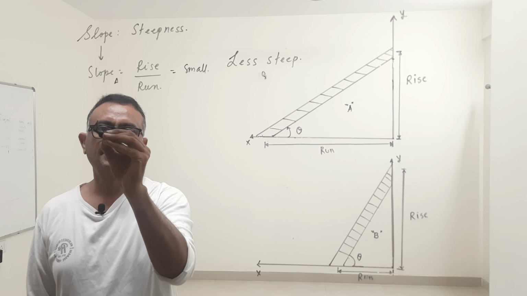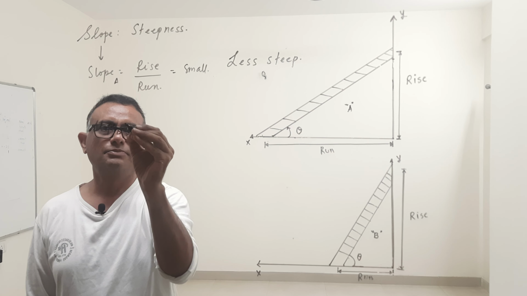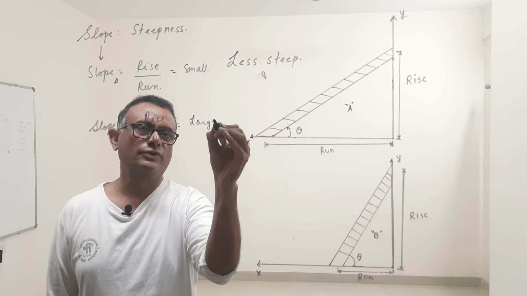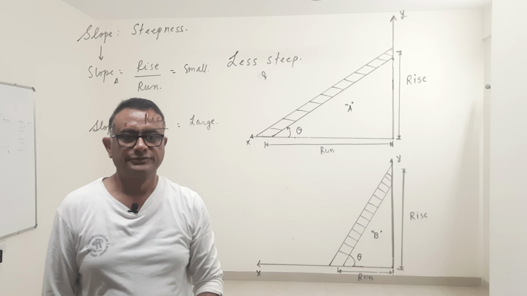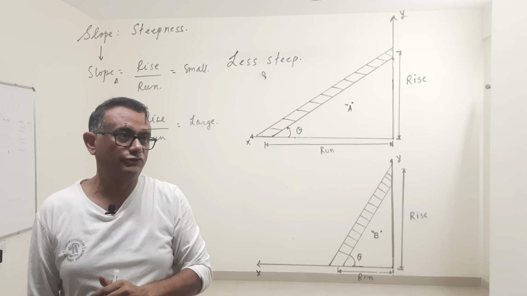Whereas in the second case, example B, this rise is a larger value, so you have a larger value in the numerator and a smaller value in the denominator. As you would guess, this value of slope will be larger in comparison to case A. So that's what slope is, a measure of the ratio of rise over run.